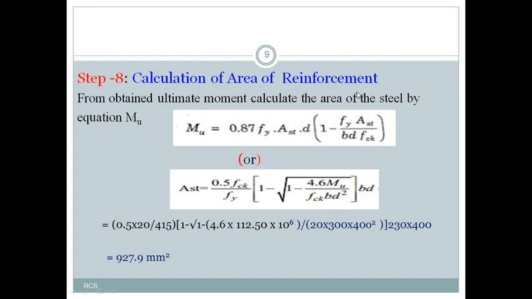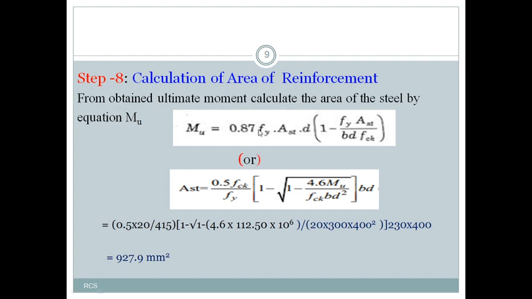As I told you, the moment of resistance can be calculated with respect to tension, because we are providing steel in tension. So Mu equal to 0.87 fy Ast d into 1 minus fy Ast by b d fck. This formula we have already discussed, and the same formula is given in your code book, IS 456:2000.